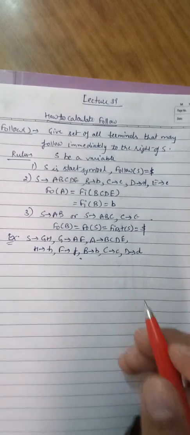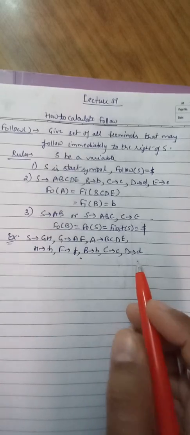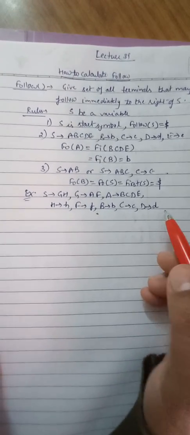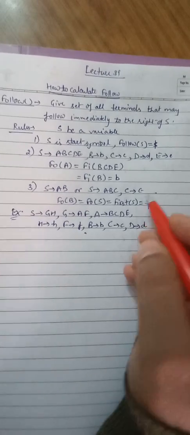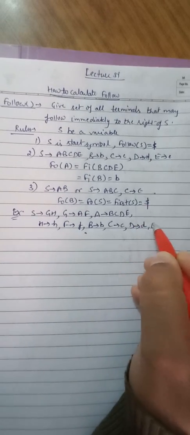And one is left, E tends to e. Like that we have this grammar. So how to calculate follow of all?